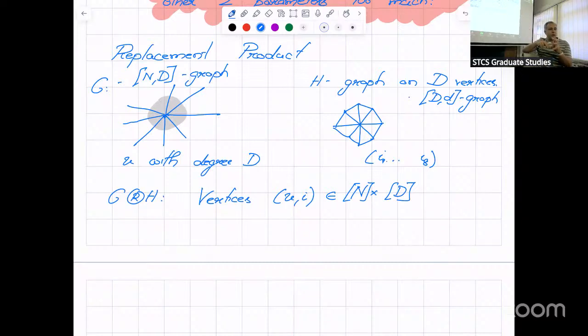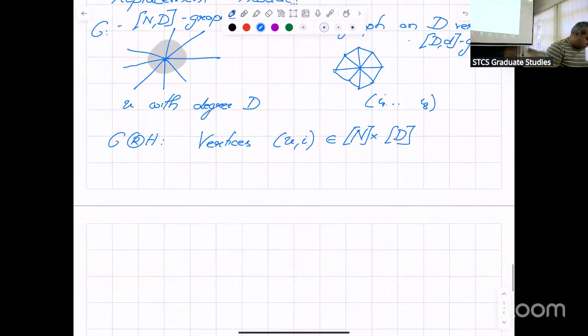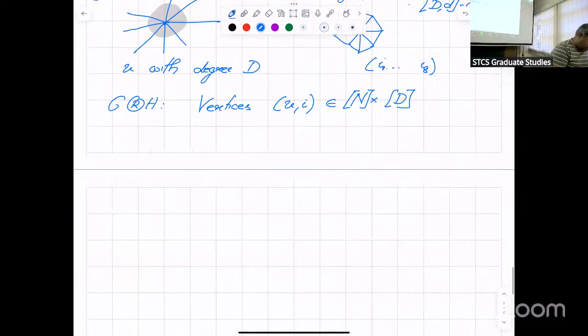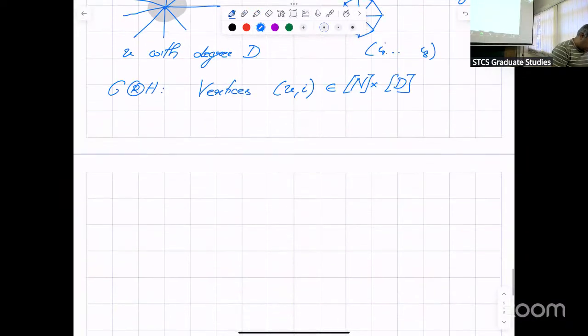When I combine this, I'm going to put a copy of H sitting where that cloud was sitting.